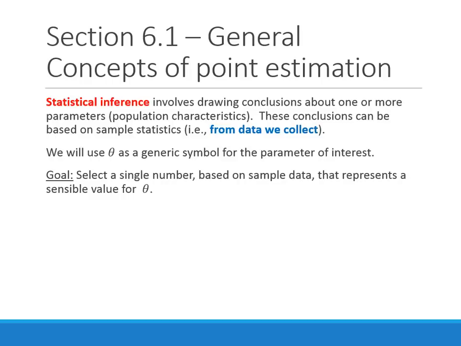And I'm going to use this symbol theta as a generic symbol for some parameter that I'm looking at. So that could be the mean, that could be the variance, it could be just some generic parameter that I want to know about. And so my goal is to select just a single number, so give just one number based on my sample data or information that I've collected that represents a good or a sensible value for what theta is.